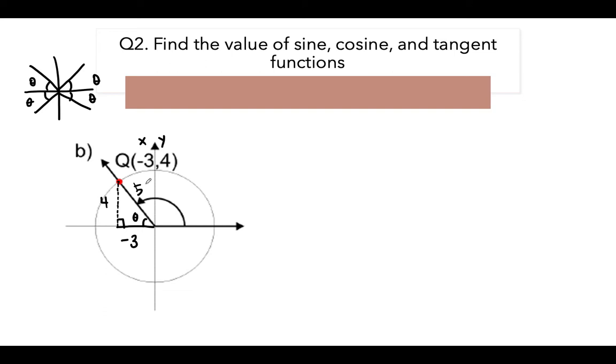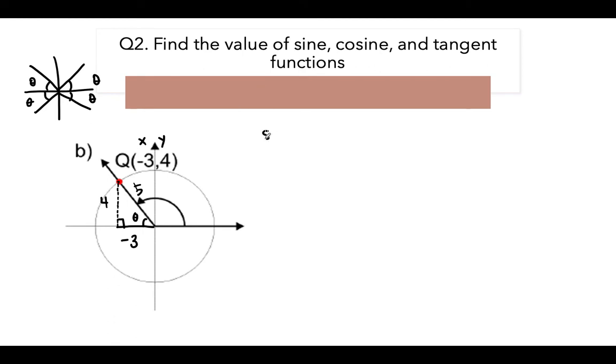Now keep in mind, x and y could be negative, but the radius will always have to be a positive number because the distance can never be negative. But in reference to the location, x and y could be negative depending on whether it's in quadrant 1, 2, 3, or 4.